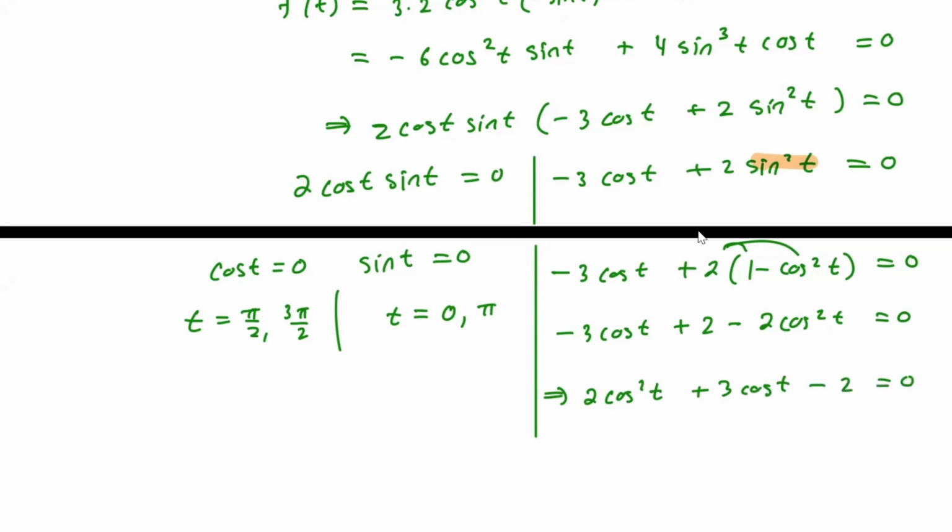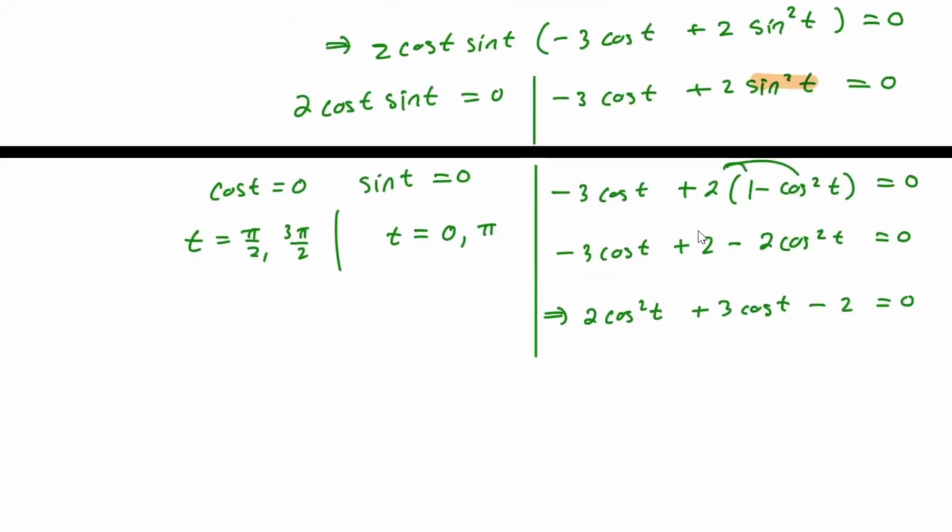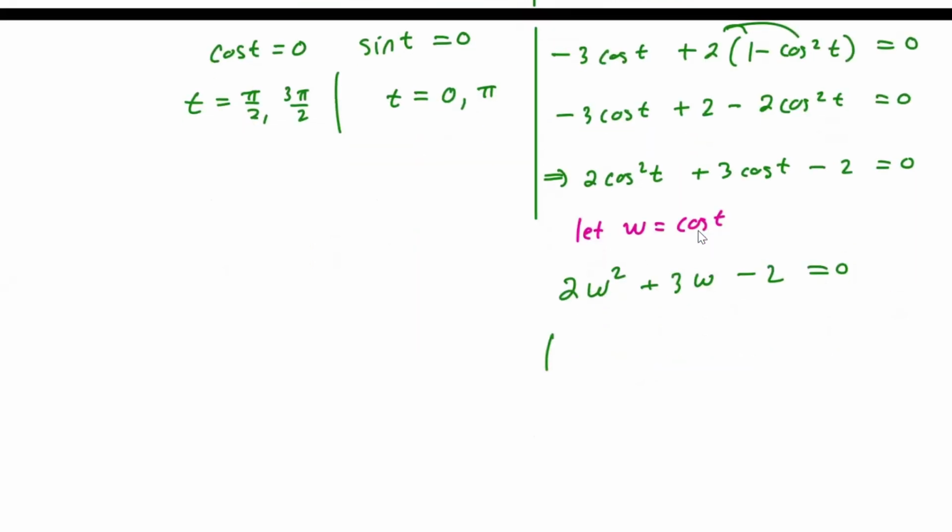All right, now it looks like a quadratic, so we need to do a little substitution. Let me introduce a variable. Let w be equal to cosine of t. So I have 2w squared plus 3w minus 2 equals 0. Now it looks like a quadratic that we can easily factor. This is 2w and w.